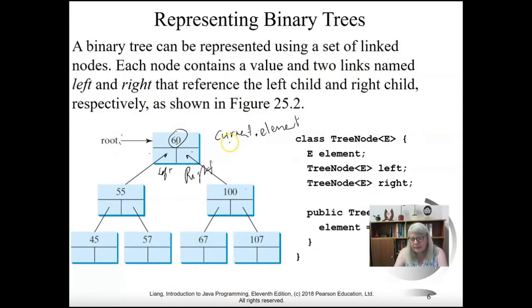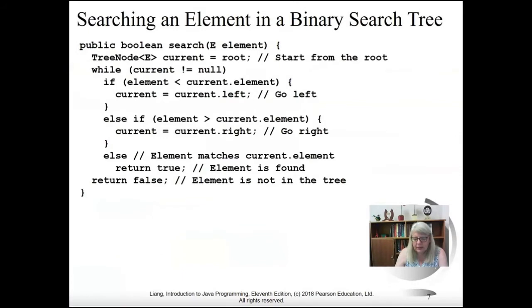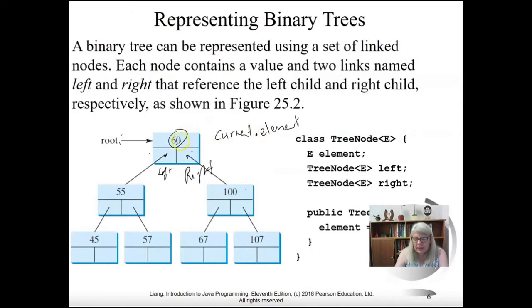So it says, is current dot element equal to root dot element? No, obviously. If it is, you return, but if it's smaller than, then current must move on to this node here. And to make current move down this line, you say current equals current dot left.